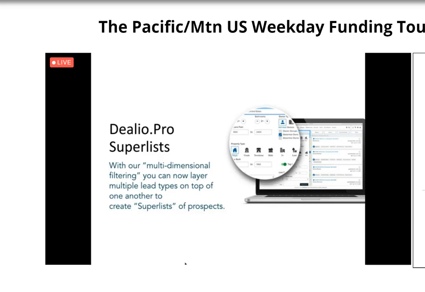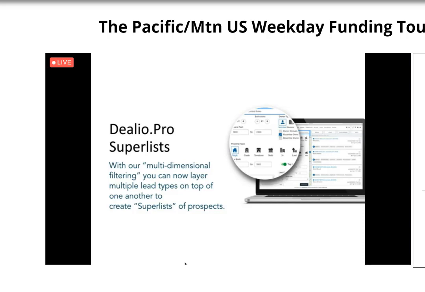So Delio.pro has Super List. With our multi-dimensional filtering, you can now layer multiple lead types on top of one another to create a super list. So instead of just saying I'm looking for vacant property, I can search and say I'm looking for vacant property that's an absentee owner that's in pre-foreclosure, and make a super list.